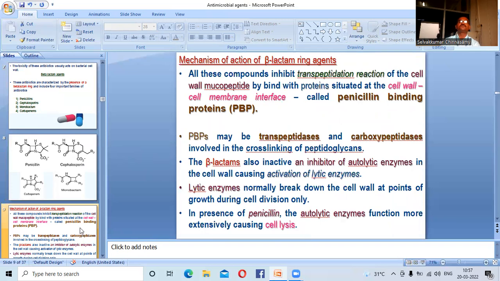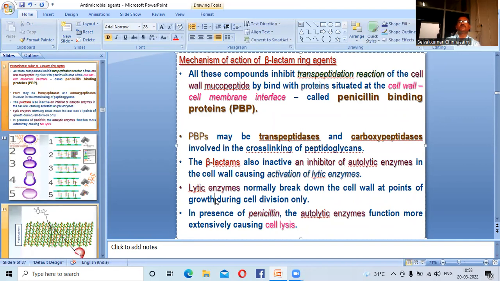Now the mechanism of action of beta lactam antibiotics. Once the antibiotic is applied to the bacteria, this molecule binds with the penicillin binding protein, which is situated between the cell wall and cell membrane. Where the molecule binds, it acts on the cell wall. Once it binds, it enhances the lytic enzyme action.